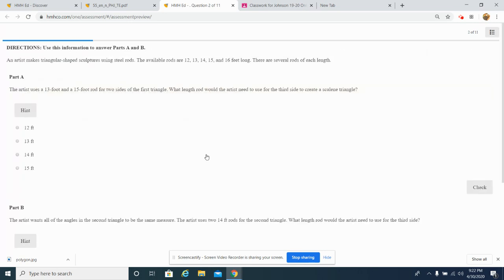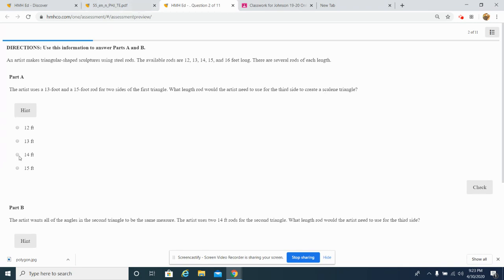Okay, the artist uses a 13-foot and a 15-foot rod for two sides of the first triangle. What length rod would the artist need to use for the third side to create a scalene triangle? Okay, so we're thinking scalene. An artist makes triangular shaped sculptures using steel rods. The available rods are 12, 13, 14, 15, and 16. If we have one that is 13 and 15, scalene means that we have no sides the same.